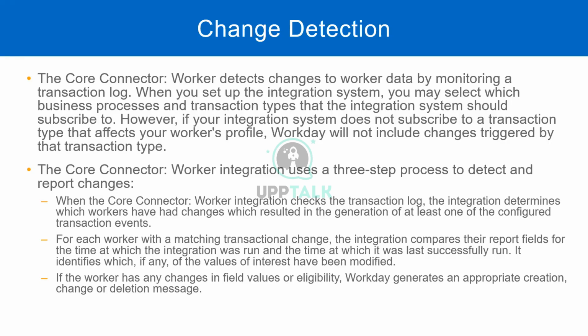Will it pick that change and say, yes, there is a change, I need to send it? Yes. Why yes? It is looking for hire and termination only, and there is a contact information change for the worker.